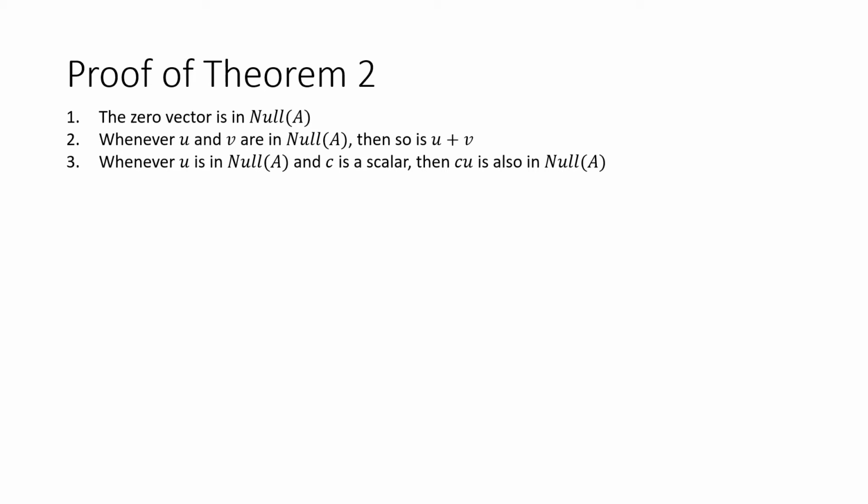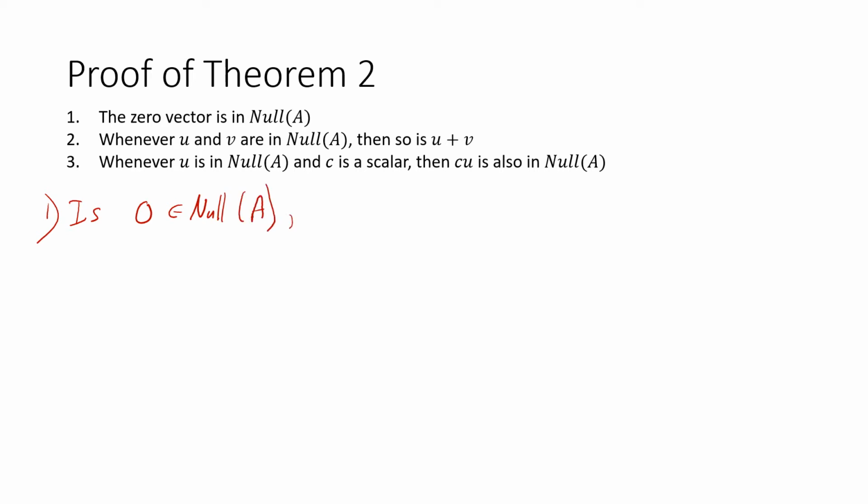So why is that? Let's take a look at this proof. Remember, a subspace has just these three properties. It's living inside of Rn, so we know that Rn is a vector space, so we just have to show the three properties of a subspace. And do they hold? Well, first off, is the zero vector in the null space of A?